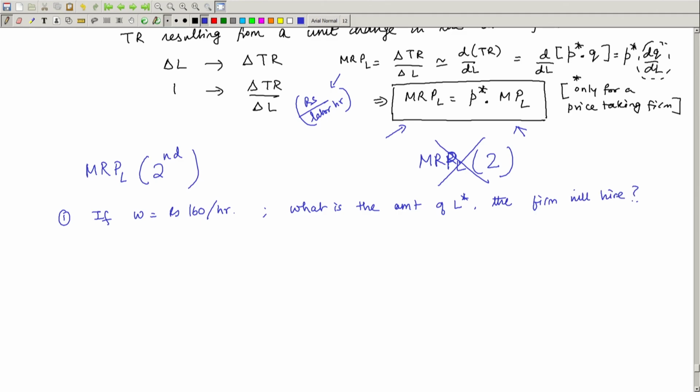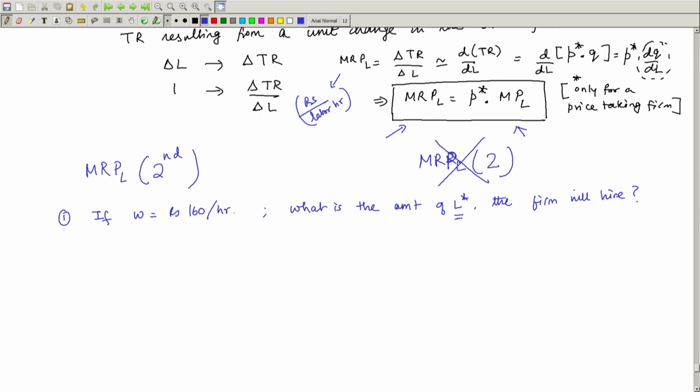We already know that we cannot choose capital because capital is fixed at 5 units. So, if the wage is fixed at 160 rupees per hour, we are interested in finding the optimal amount of L. Now, any optimality choice is a comparison between the extra cost and the extra benefit, right.